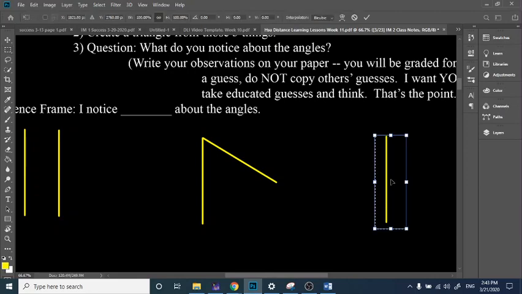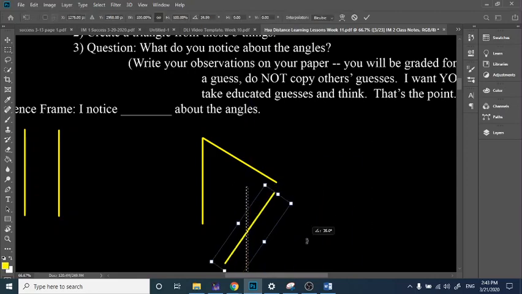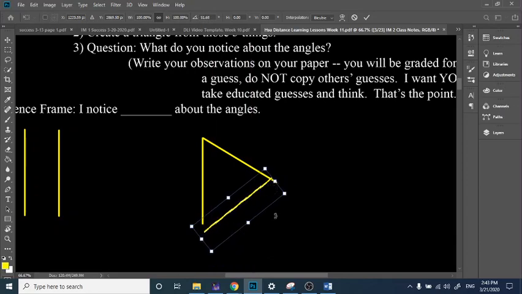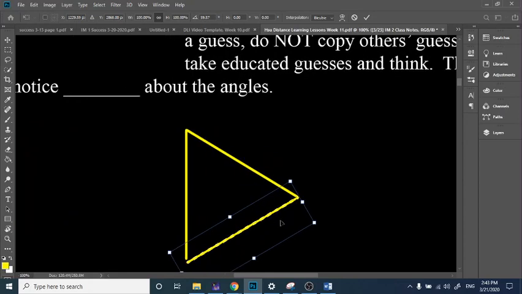And then let's try to create a triangle with this thing also. So does that fit? Almost. It almost fits perfectly.